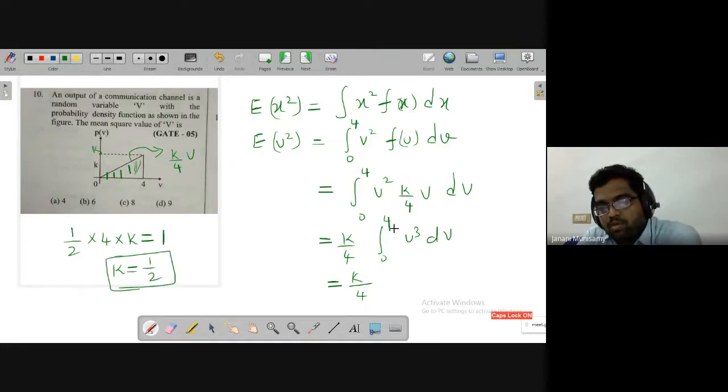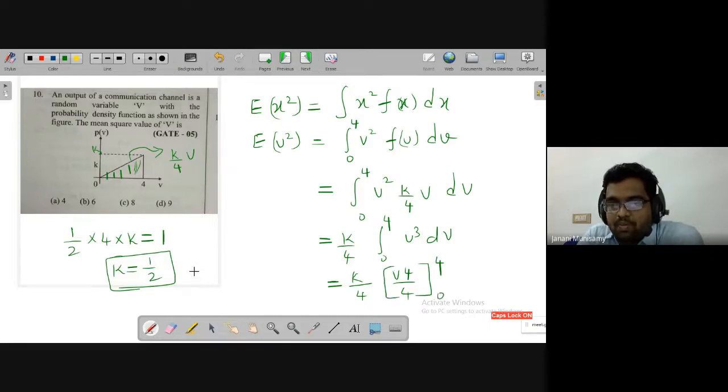Okay, we'll come here. So integration of v cube dv, if we do the integration for this one, you'll be getting v power 4 divided by 4, from 0 to 4. What is k? K is 1 by 2.